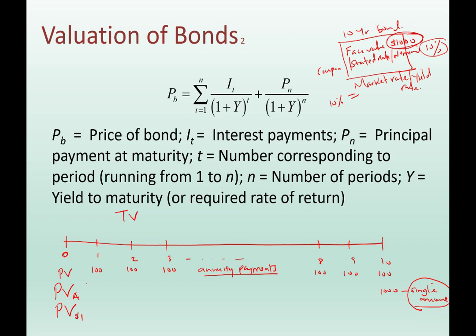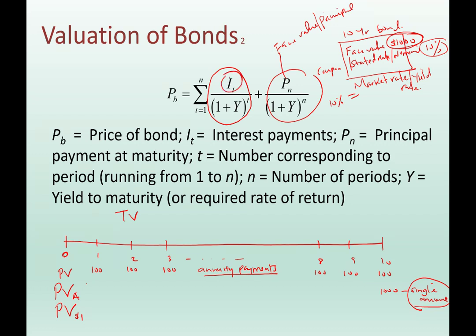Again, what this is representing is the present value of the annuity payments by formula, which is the $100 you're seeing all along here. And what this is representing is the present value of the principal, which is the single amount to be received in the future. That's the face value.